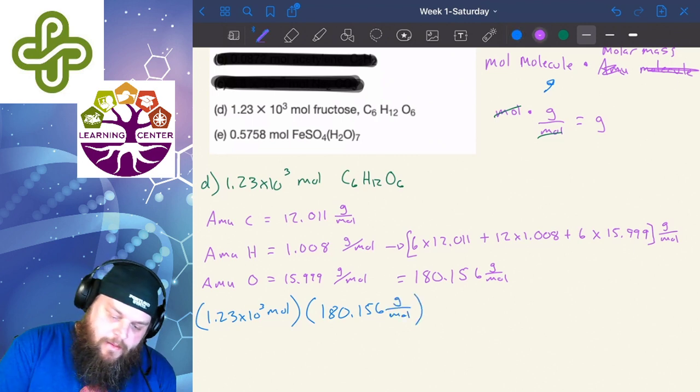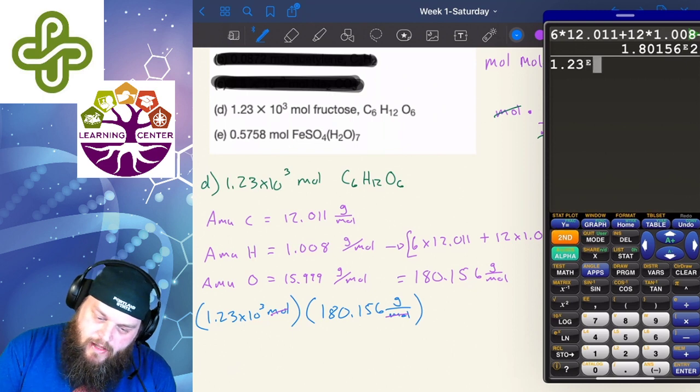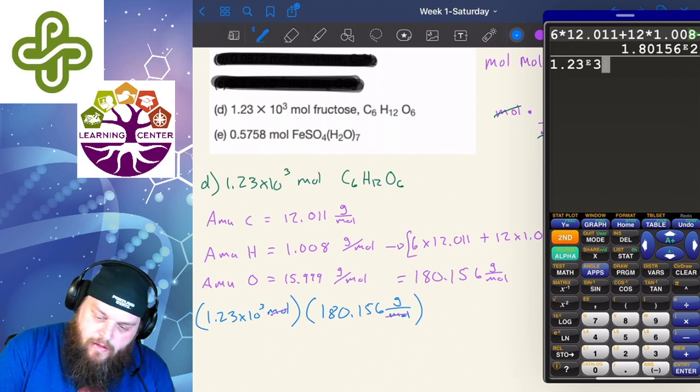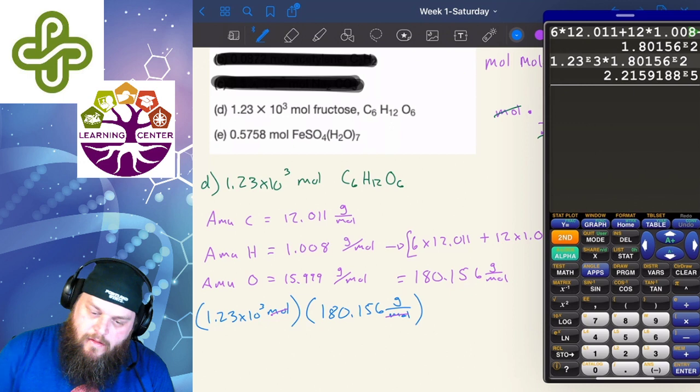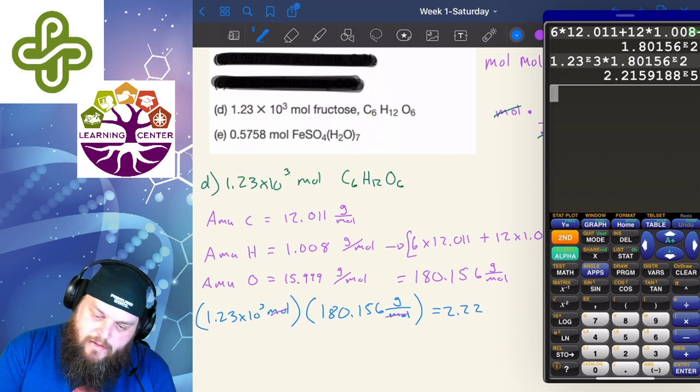When we do that, our moles cancel out and we get grams. So 1.23 e to the 3, that's times 10 to the third power, multiplied by the value we got up here, and we get 2.22, to 3 significant figures, times 10 to the 5 grams.